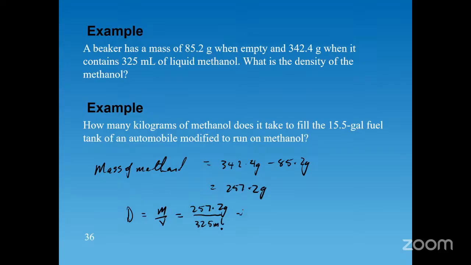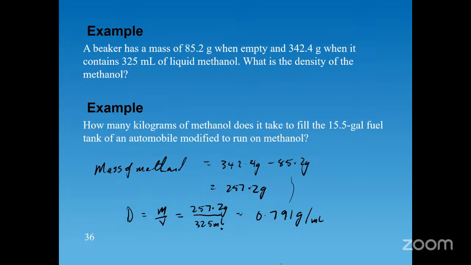All right, so let's do that calculation. So 257.2 divided by 325, and according to my calculations, this works out to be equal to 0.791 grams, and please note the unit is grams per milliliter. All right, and that's how you do that.